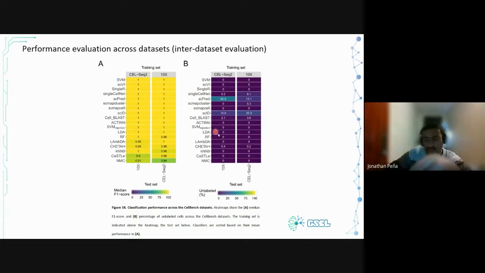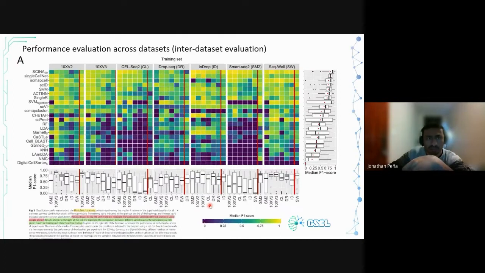So they continued, because this dataset is very simple. There are three types of cells. So they use this dataset that is from PBMC, which is more complex because there are more types of cells. They apply the same strategy.